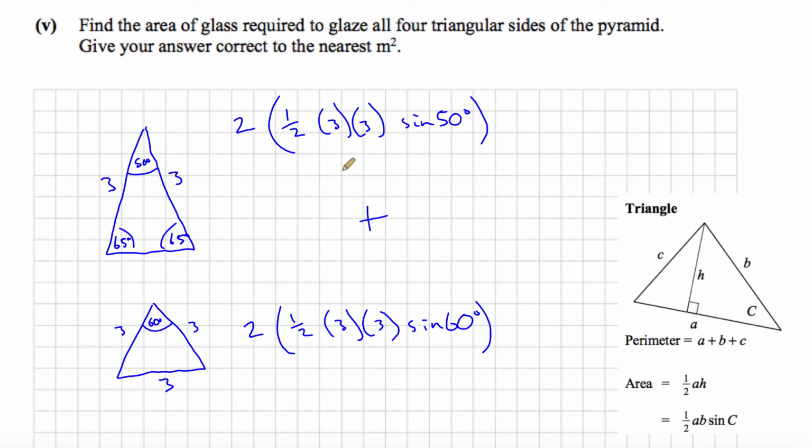So on top then I'm going to get 2 by half is 1, 3 by 3 is 9, so 9 sine 50 plus, down here I'm going to have 9 sine 60.